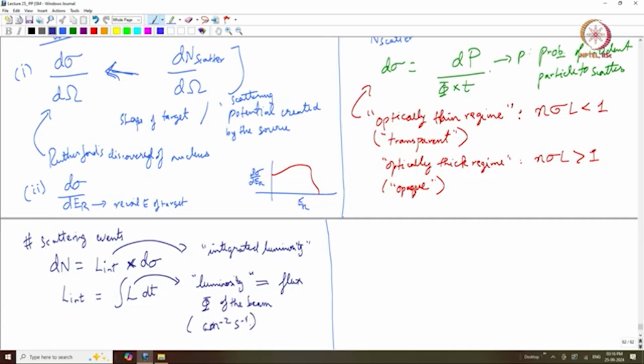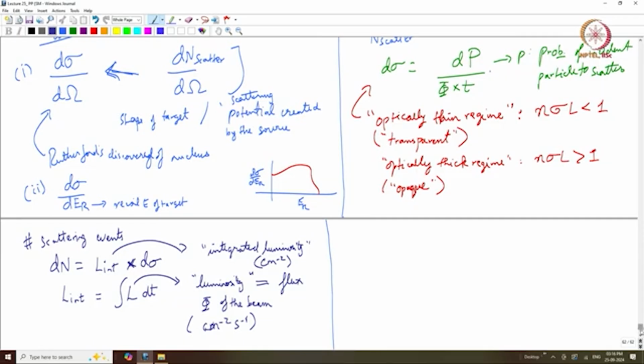Okay, since you now integrated over this, what should this be? The units, this is just inverse centimeter squared. Of course, you can also see this from the equation on the left itself. On the left hand side, I just have the total number of scattering events, which is a unitless quantity. Since I have a cross section on the right hand side, the integrated luminosity should have inverse centimeter squared, right?